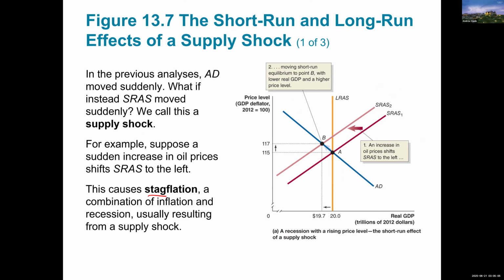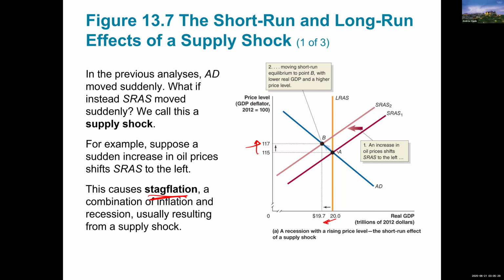That results in what we call stagflation. Because a negative supply shock shifts the aggregate supply curve from point A to point B. So in the short run, you get two evils. Not only do you experience inflation because prices are going up, rising from 115 to 117, but output is also falling. Falling output means high unemployment. That's what we mean by stagflation.